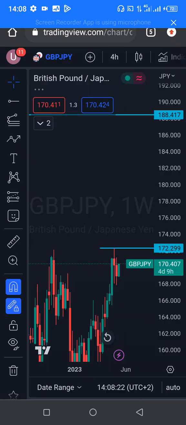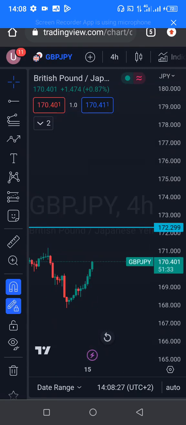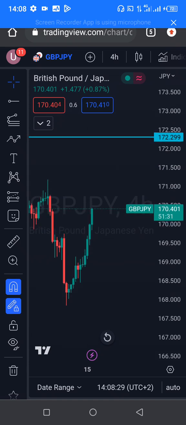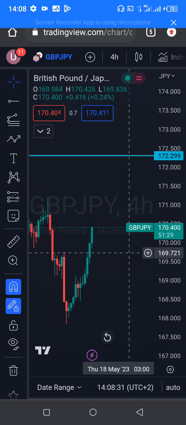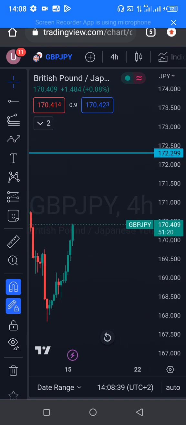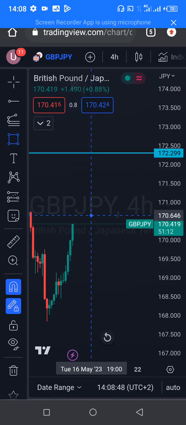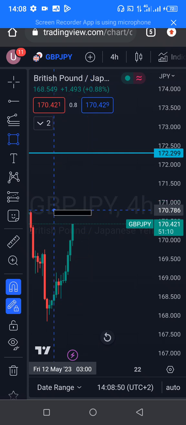Okay, so let's go to our 4-hour time frame. In my 4-hour time frame, since we broke the price here, I will expect a pullback, but it seems like it's already gone around these levels here. And draw my resistance, my support.